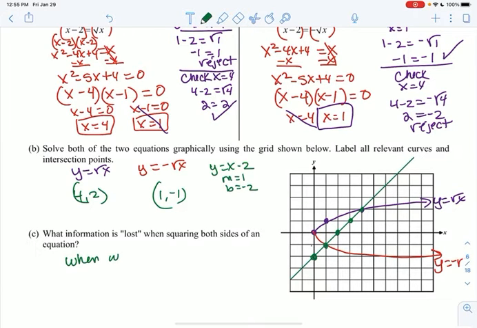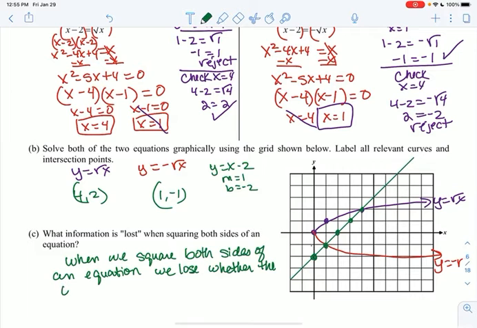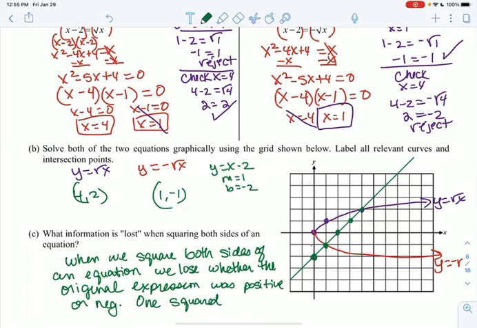So all you're going to have to do when we're solving these square root equations is just check your answer to see if there are any extraneous solutions.